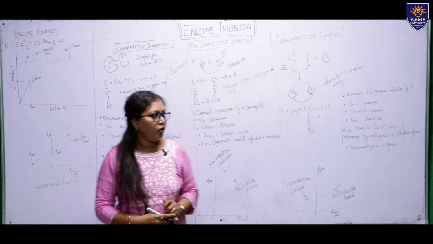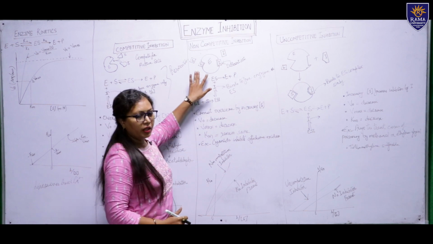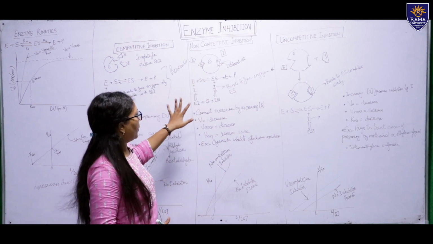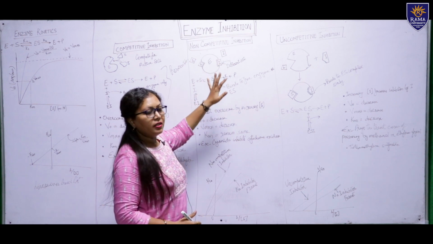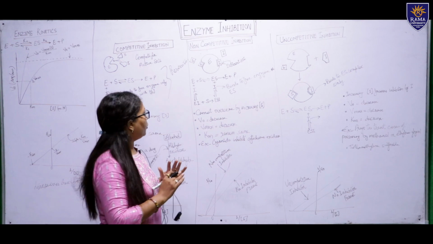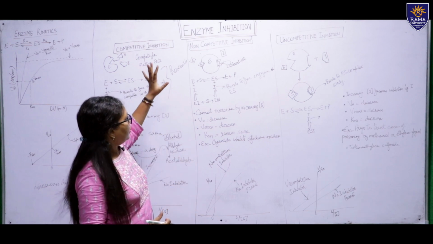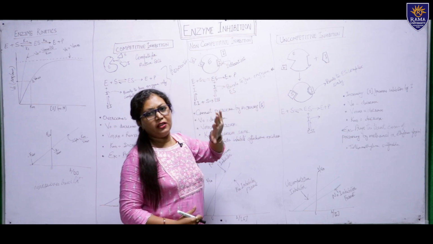Now, coming to the non-competitive inhibition, what happens here? Here there is no structural resemblance between the inhibitor and the substrate. Rather, the structures of the substrate and inhibitor are totally different. Therefore, the inhibitor binds to a site other than the active site.